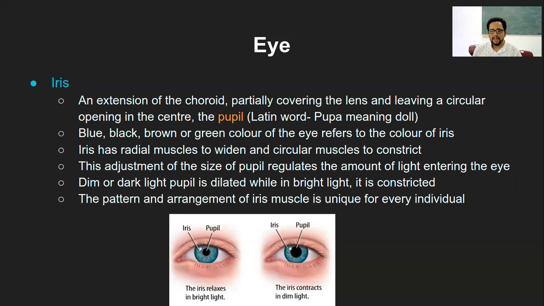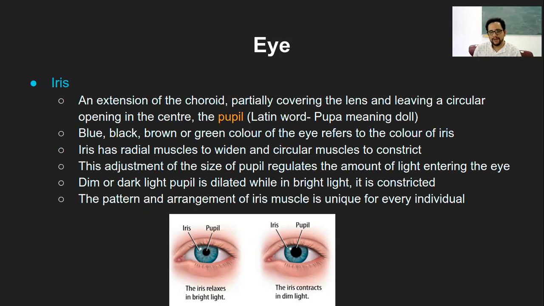Now, like how we all have individual thumbprints or fingerprints, there is a similar pattern of this arrangement of radial as well as circular muscles in the eye. So most of the movies show off the eye scanner, which is one of the higher levels of protection in terms of opening a security lock or whatever it is, right?